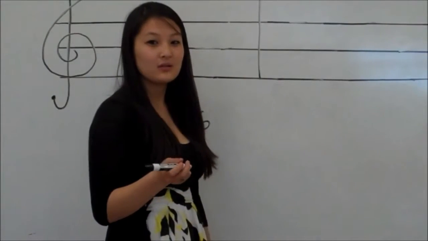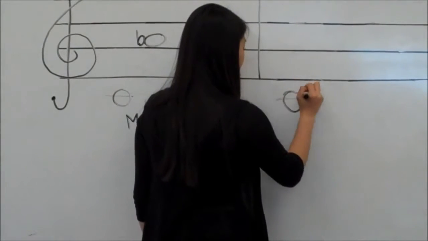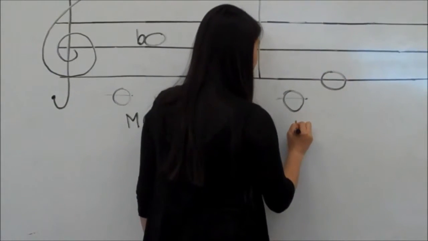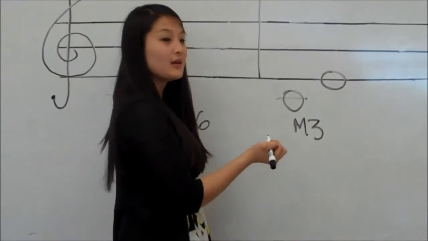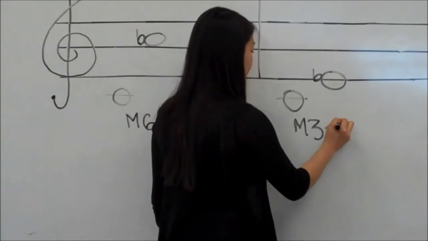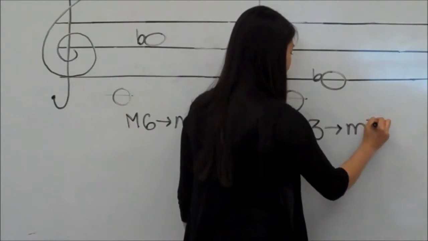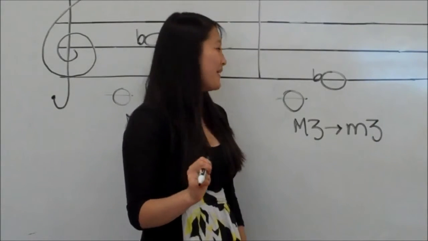Next, we could do C to an E. And normally, this would be a major third, but if we lower the E to an E flat, then we have a minor third, because E flat is not in the key signature of C, but lowered half a step.